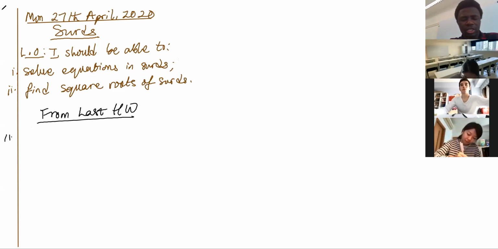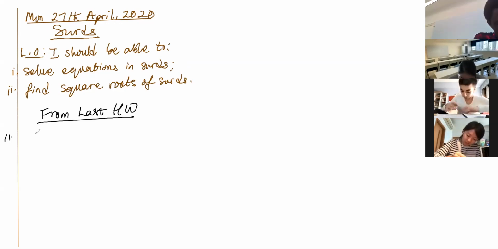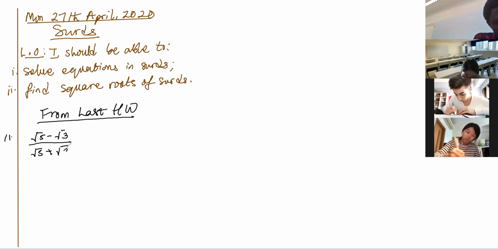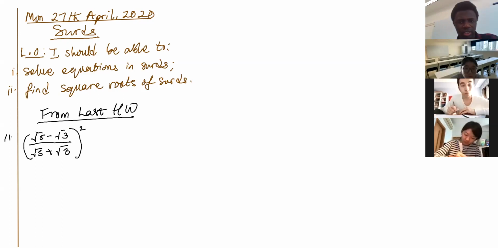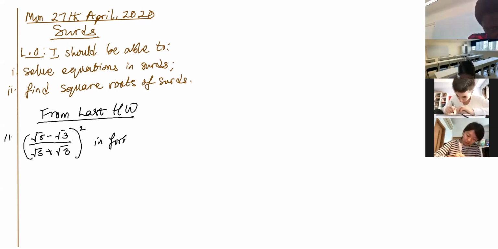The question says, express root 5 minus root 3 divided by root 5 plus root 3, all squared, in the form p plus q root r.